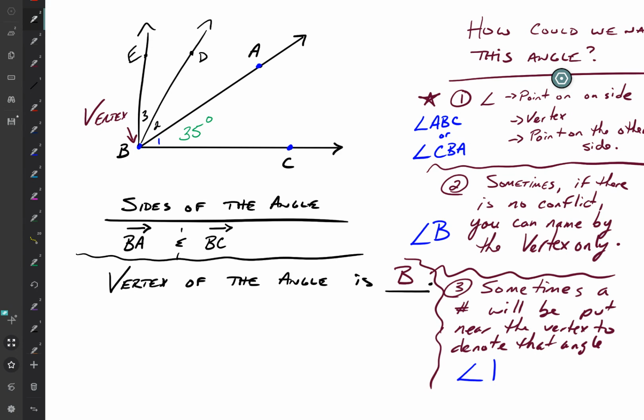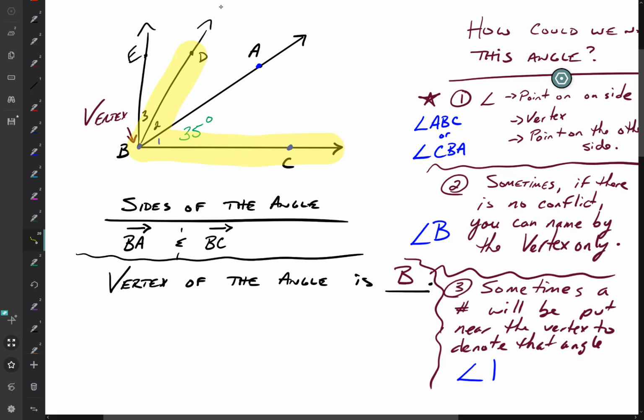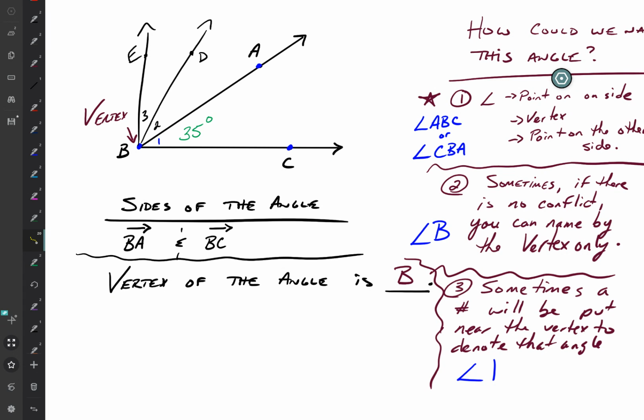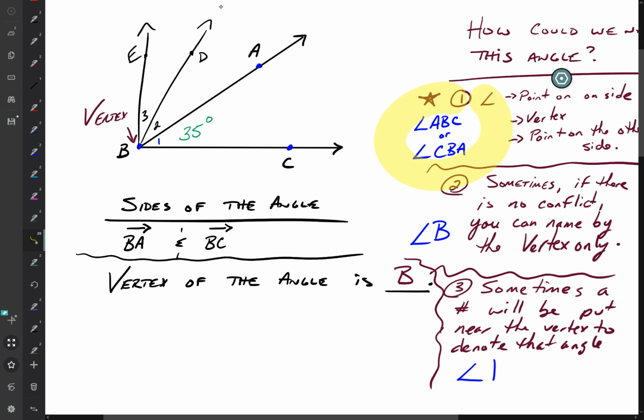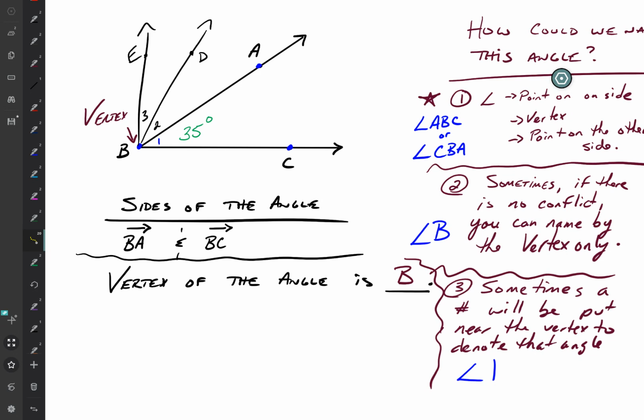However, the reason that's still not foolproof is what about the big ones there? Where am I going to draw a 4 to denote that angle? Where am I going to draw a 5 to denote that angle? Make sense? So the most foolproof way is the way that everybody hates, that can sometimes be confusing, because you know exactly what angle you're talking about.